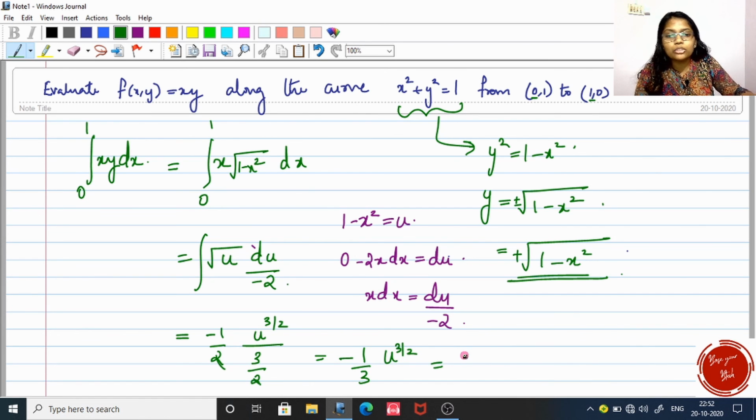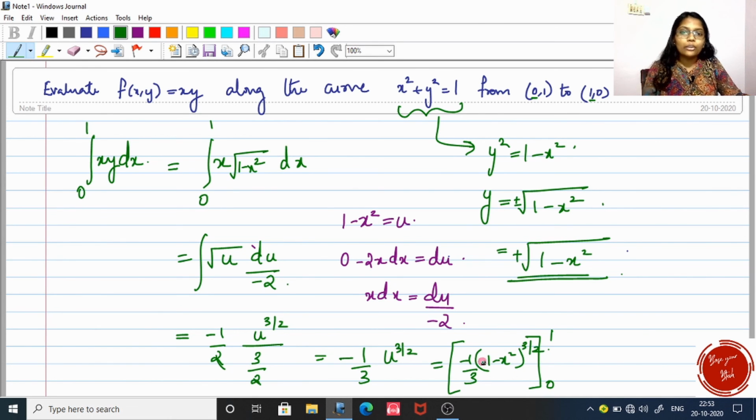Again I back substitute this u, that is negative 1 by 3. What is u? u is 1 minus x square, so (1 minus x square) raised to 3 by 2 in the limits. Now I can put the limits 0 to 1, because the equation has turned to x back.